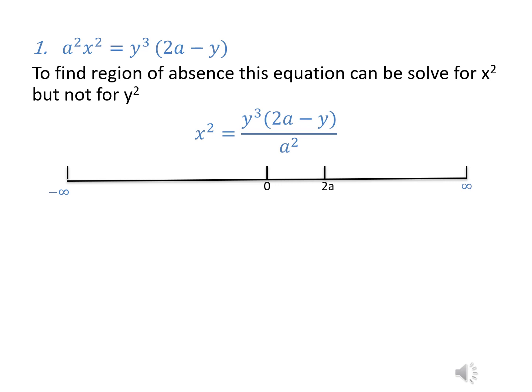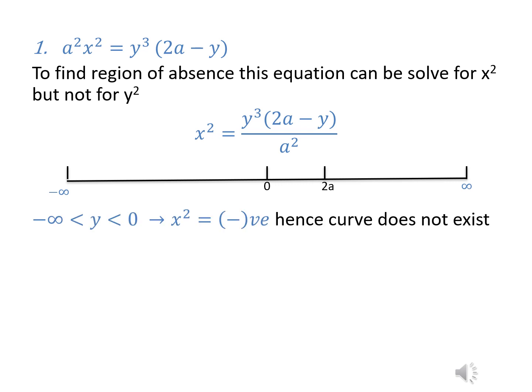Now take the first part, that is minus infinity to 0. Mathematically we can write it as minus infinity less than y less than 0. That means y is negative, right? So y cube in the numerator is also negative.